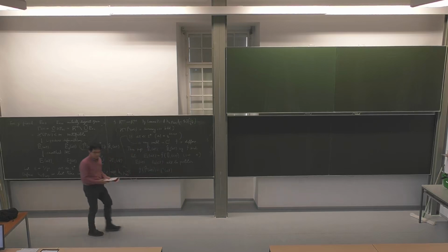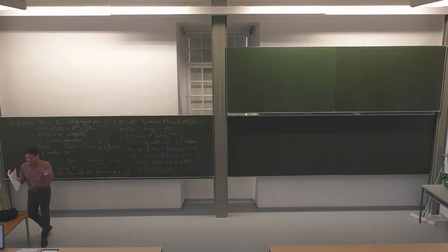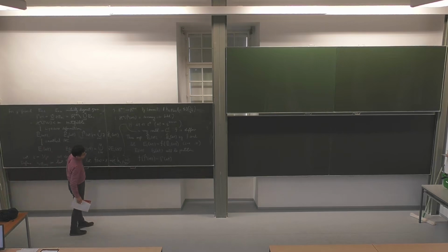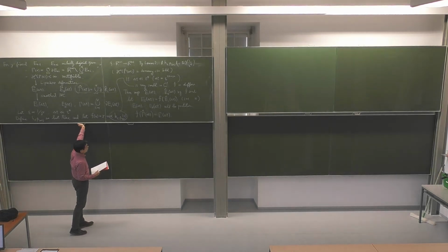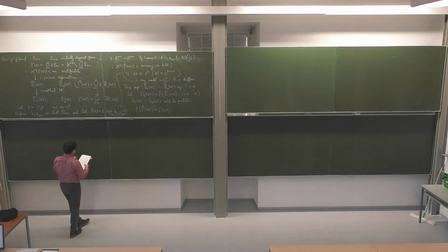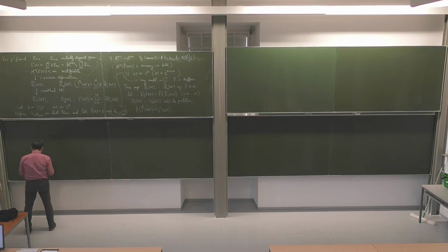Since it's a diffeomorphism, open sets go to open sets, boundaries go to boundaries. Okay, no problem with that. So this is this step of the smoothing of curvature.